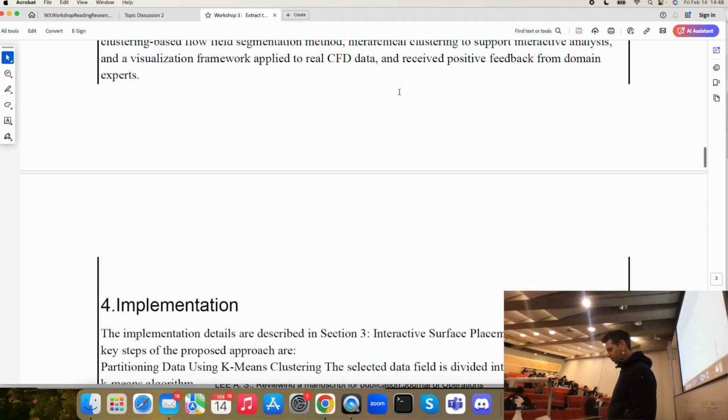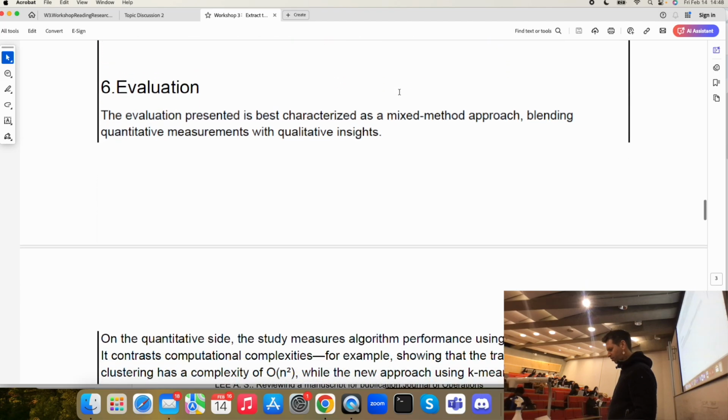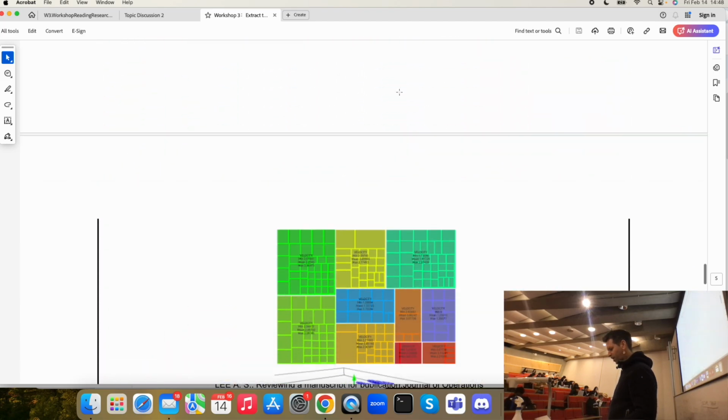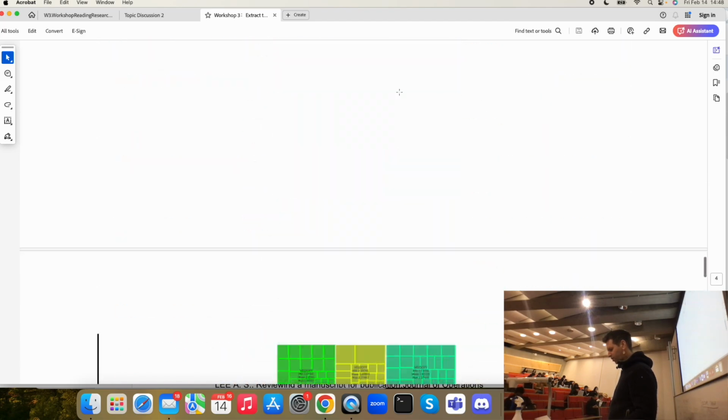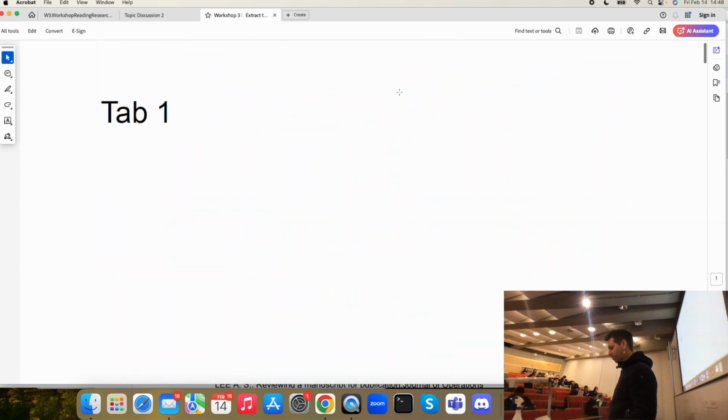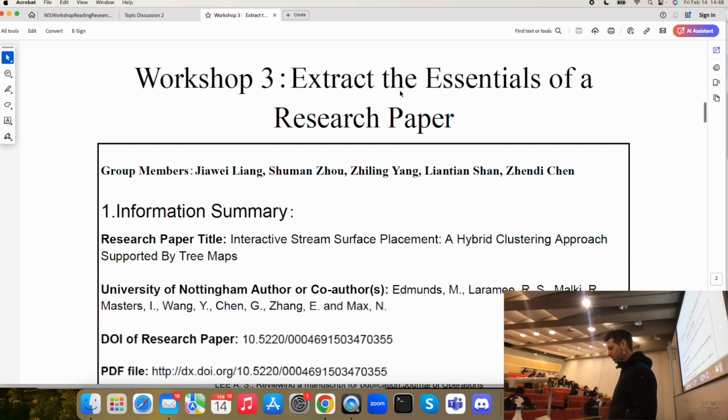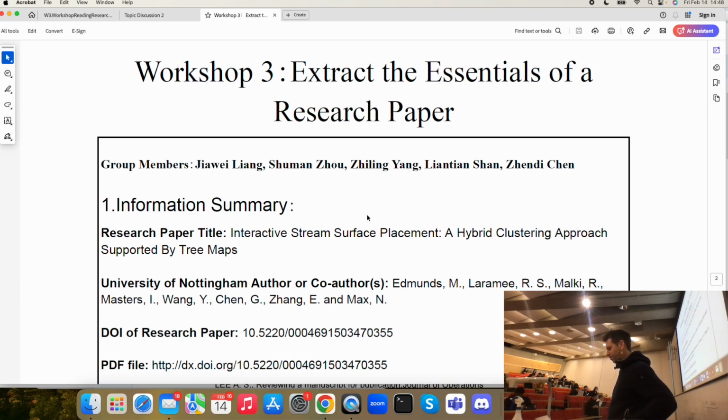Okay, there is a section missing, the core related work. You guys left out the core related work section. There's a previous paper by Matt Edmonds on stream surface seeding, and that's the core related work. It can happen pretty often.